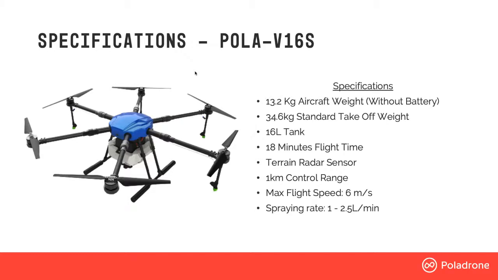The flight time is around 80 minutes, and it is also equipped with a terrain radar sensor, so you can apply drone spraying on hilly sites. The control range is up to 1 kilometer, the maximum speed is around 6 meters per second, and the spraying rate falls between 1 to 2.5 liters per minute.